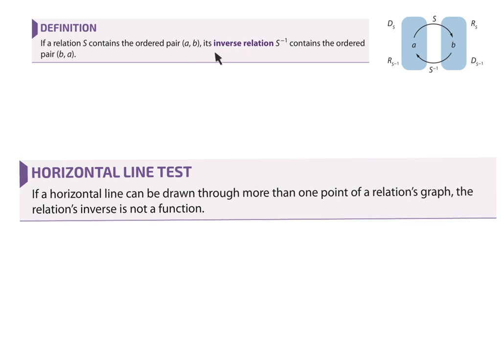So literally in an inverse, it flips your X and Y. You can tell if you have a function with a horizontal line test, because when you flip that X and Y, you actually flip it across the y equals x line. So instead of drawing a vertical line and doing that test, you can draw a horizontal line and ask, is my inverse going to give me a function if it flips across that line of symmetry?